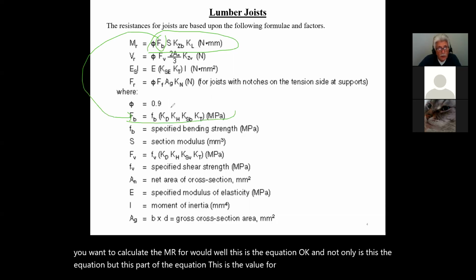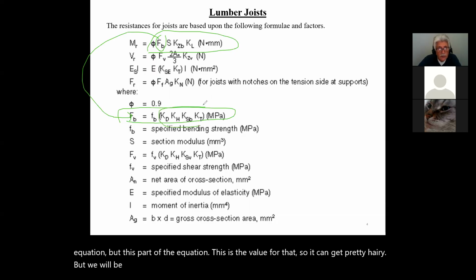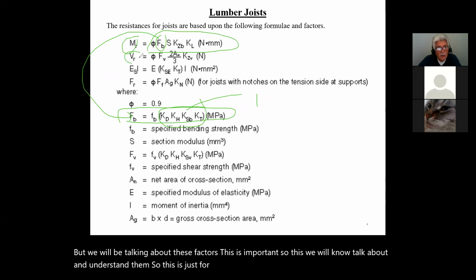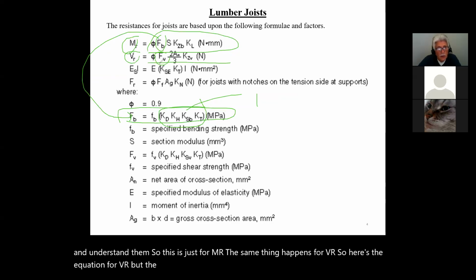So it can get pretty hairy, but we will be talking about these factors. This is important, so we will talk about and understand them. This is just for MR. The same thing happens for VR. So here's the equation for VR, with the big VF here and the small VF, and all of these factors.